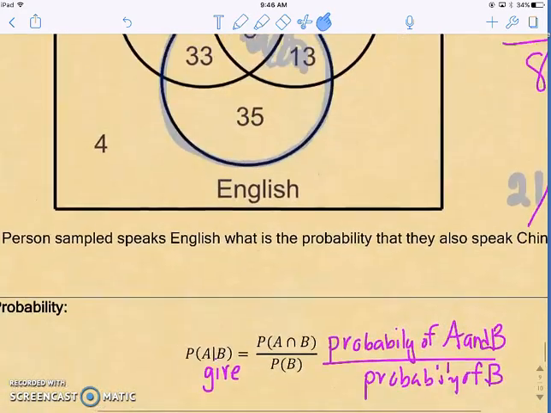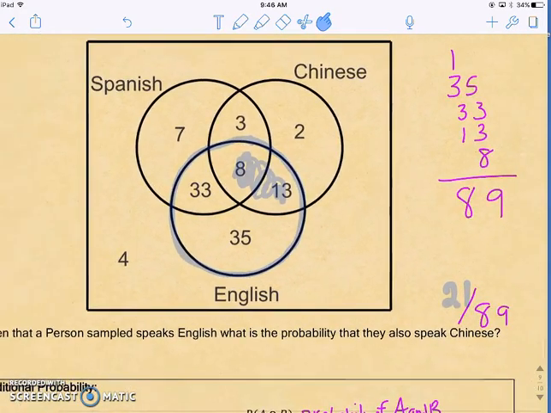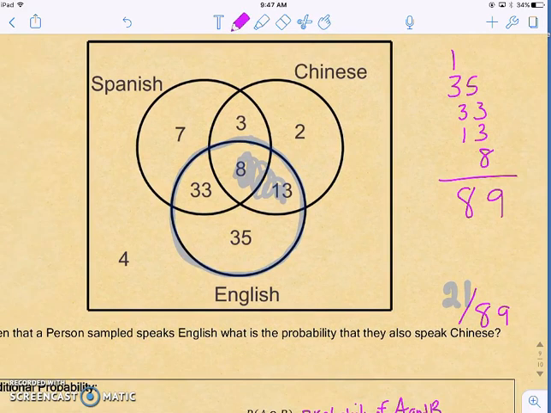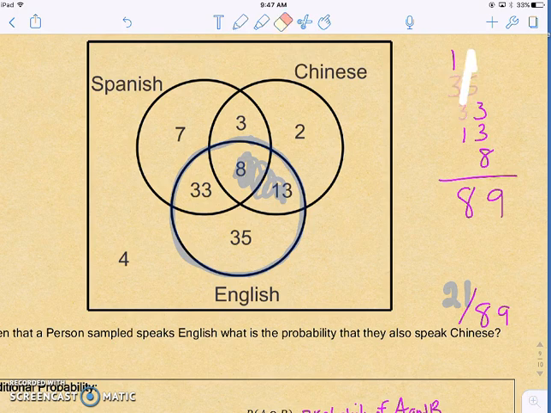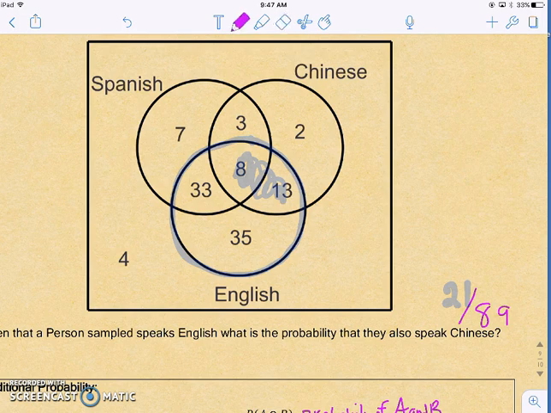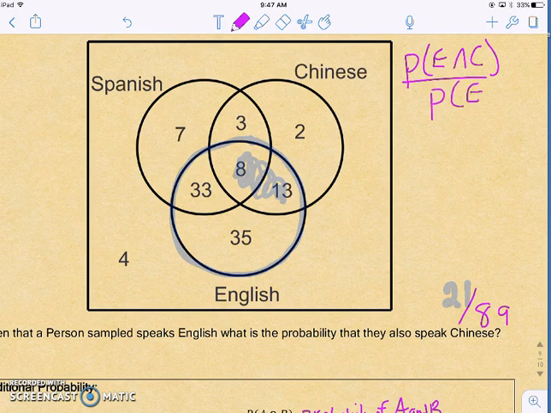So you guys did this right up here. If we were to look at the total here, there was 89 in this bubble, so 89, 93, 100. So there's a total of 105. So if we were looking at the probability of English and Chinese over the probability of English, the probability of English would be 89 out of 105 speak English.